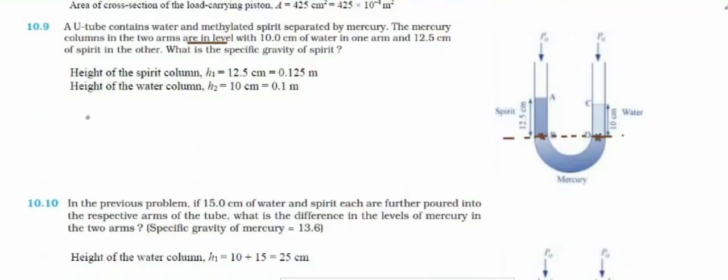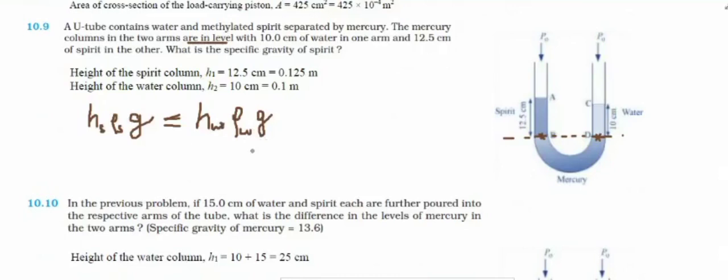We can have Hs rho s G, the pressure applied by the spirit, is equal to Hw rho W G. G is cancelled.